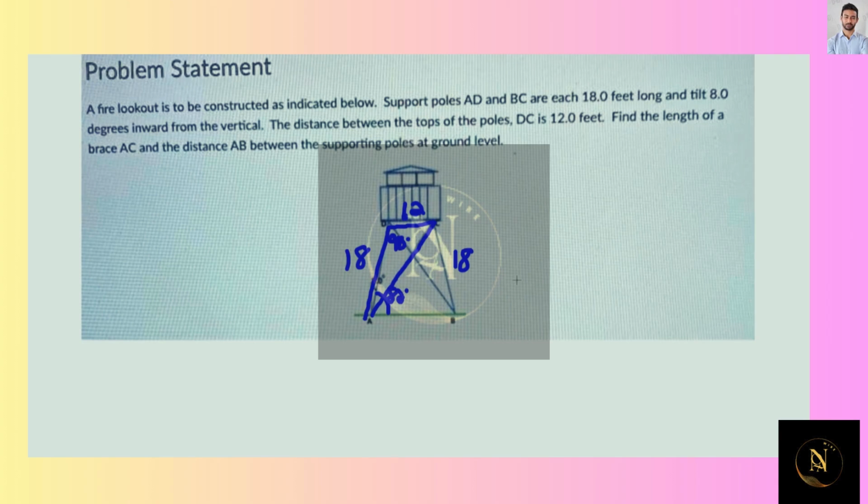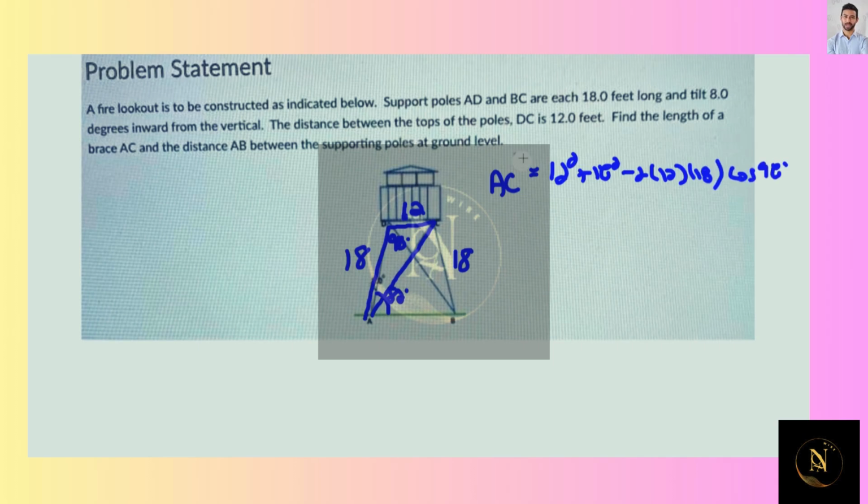Now that would mean AC that we want to find, we could use the law of cosines, and that would look like the following. The third side, AC squared, would be equal to the sum of the squares of the other two sides minus 2 times the product of the other two sides times the cosine of the included angle, which in this case would be 98 degrees.